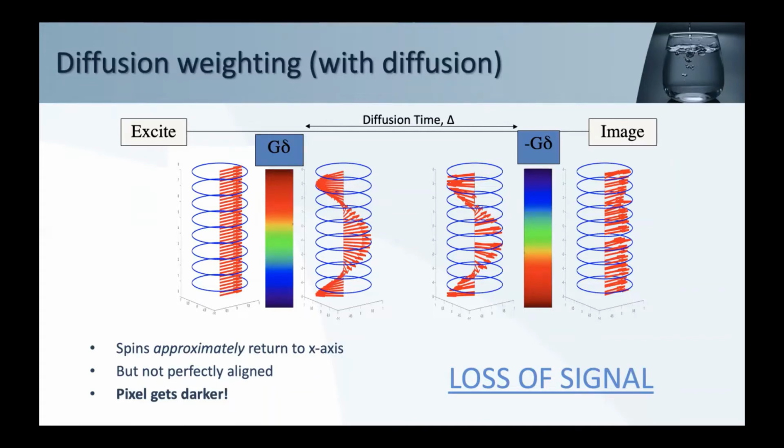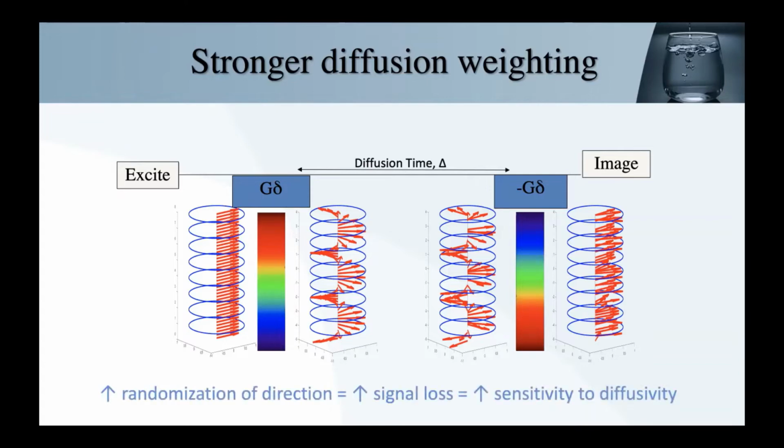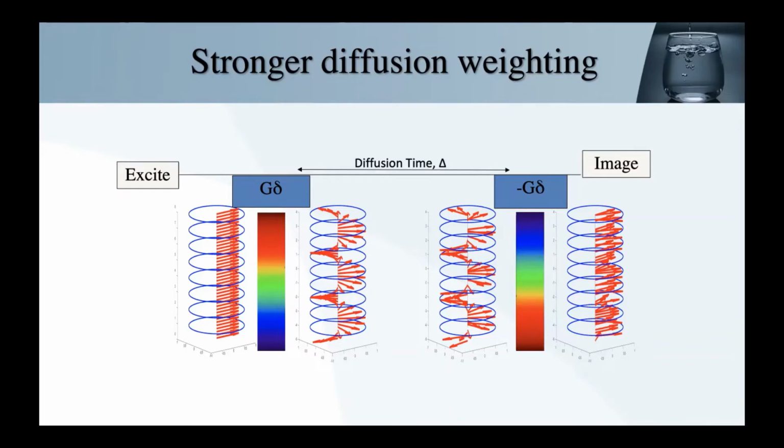So we can now differentiate between dark pixels and bright pixels, which means water molecules that can actually diffuse and move around the tissue, and water molecules that cannot move because they're constrained. And this allows us to distinguish between a tissue where there are just a few cells and a tissue with a lot of cells densely packed, such as the tumor. Now, imagine we use a stronger diffusion gradient.